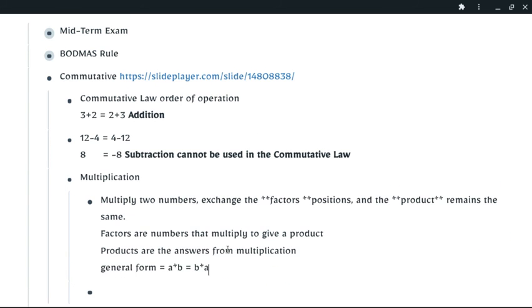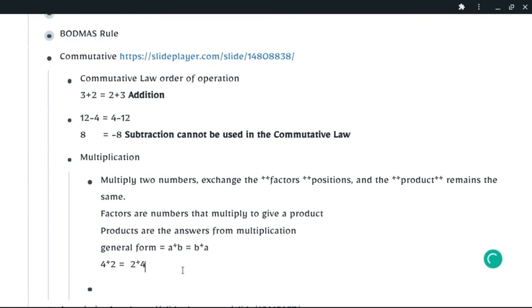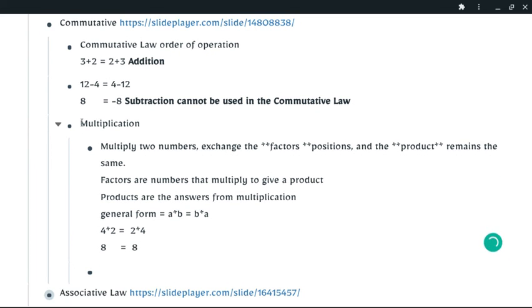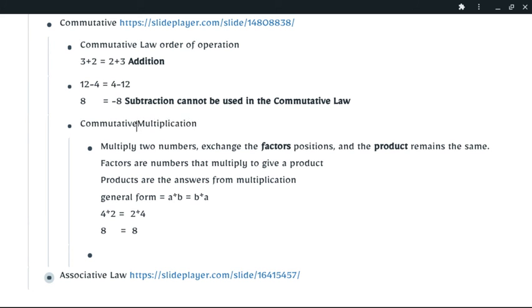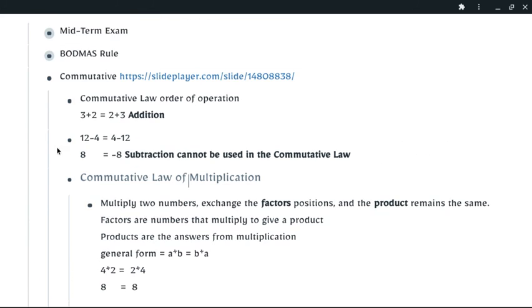Right? So if we say 4 times 2, same thing as 2 times 4. Both of them is 8, 8 is equal to 8. So let's write the heading: commutative law of multiplication, commutative law of addition.